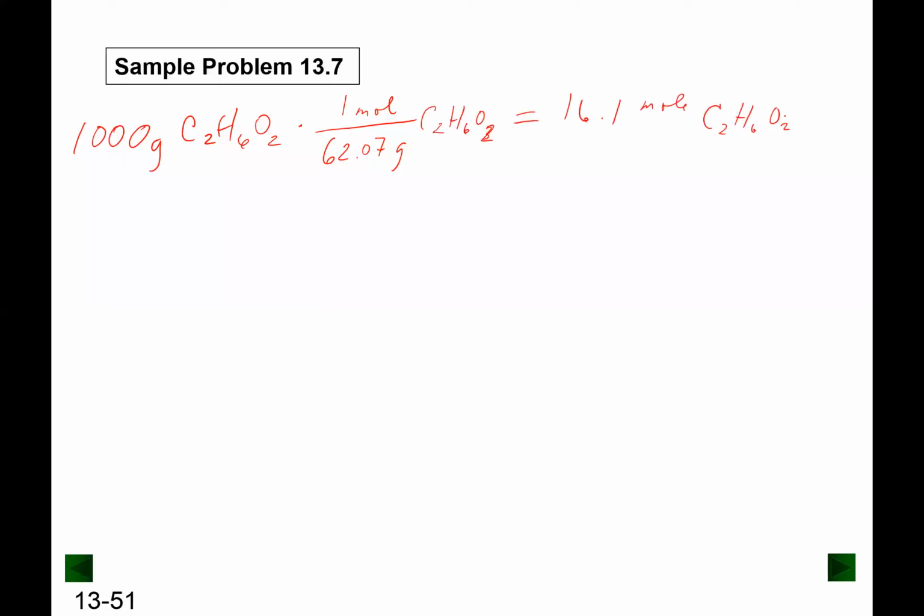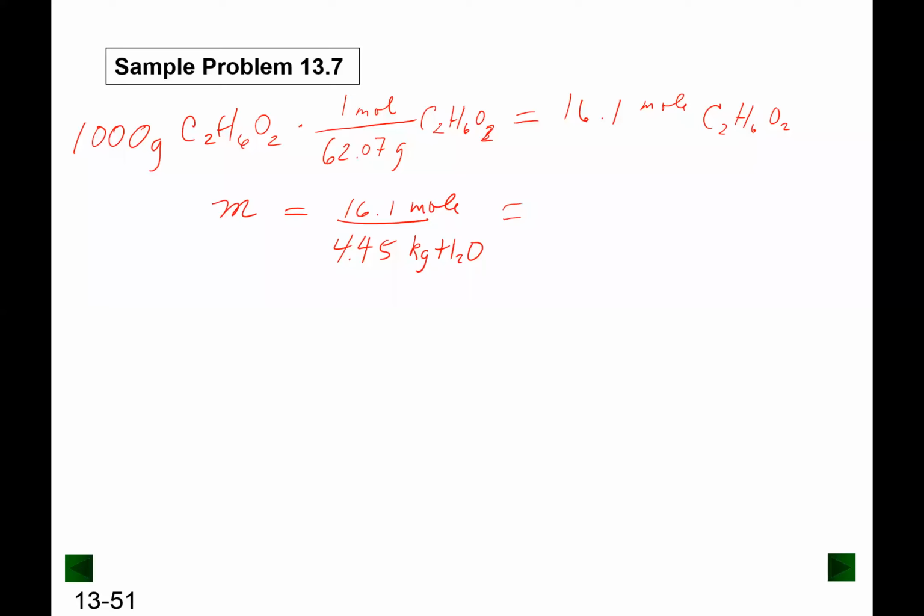Okay, now to calculate molality, we just need to divide this by our kilograms of water. So that will equal 16.1 moles per 4.45 kilograms of solvent.